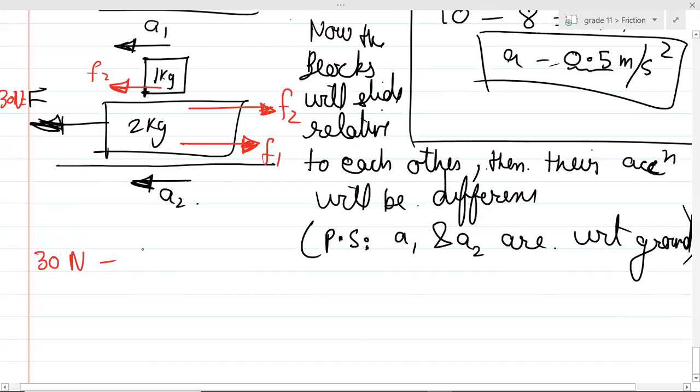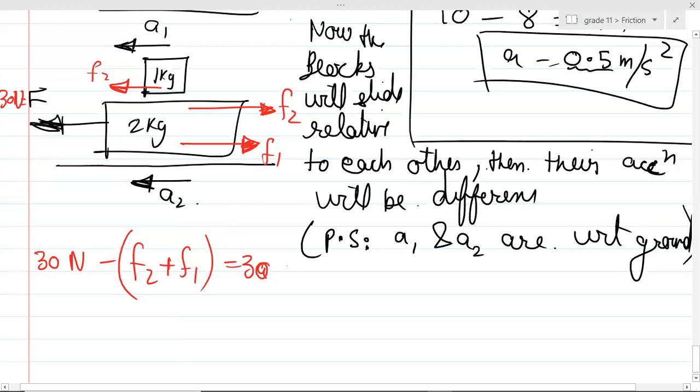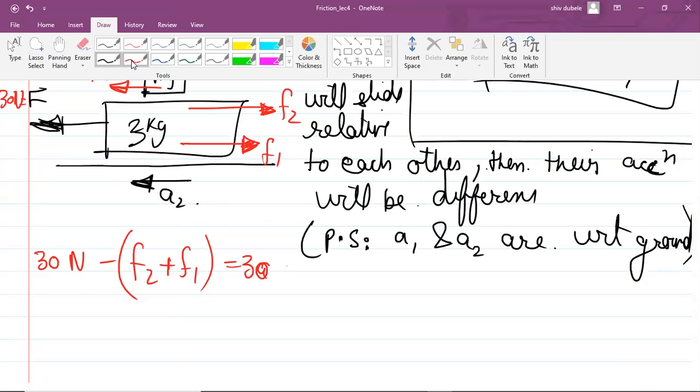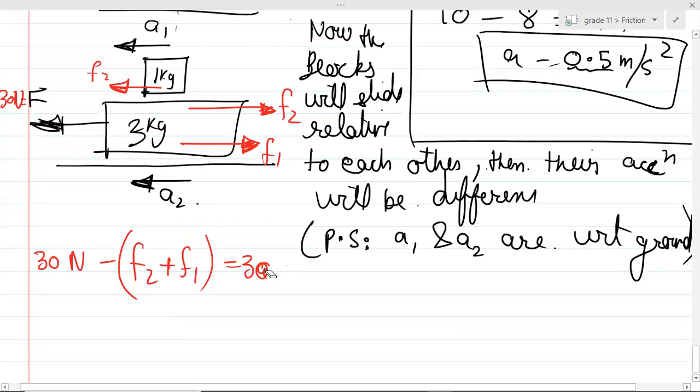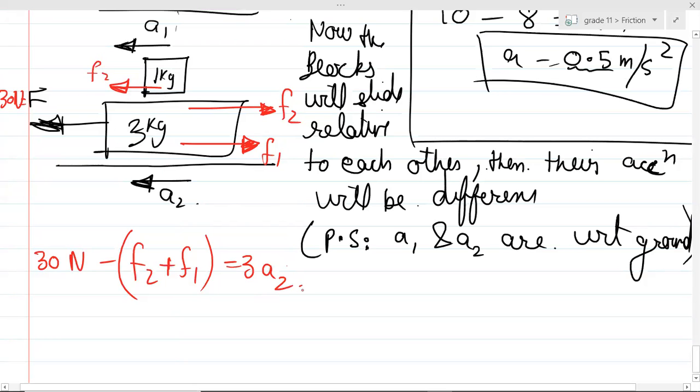30 Newton minus F2 minus F1, or F2 plus F1, is basically equal to 3a. Can you see, guys?